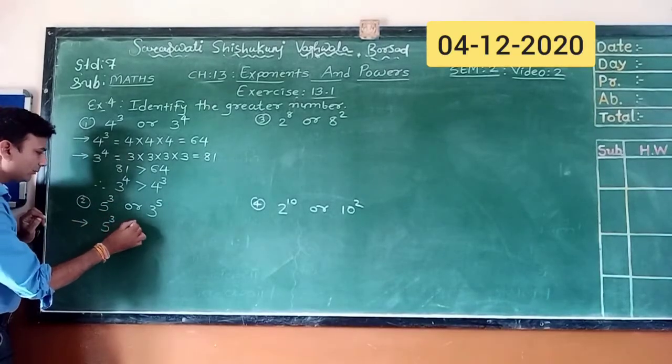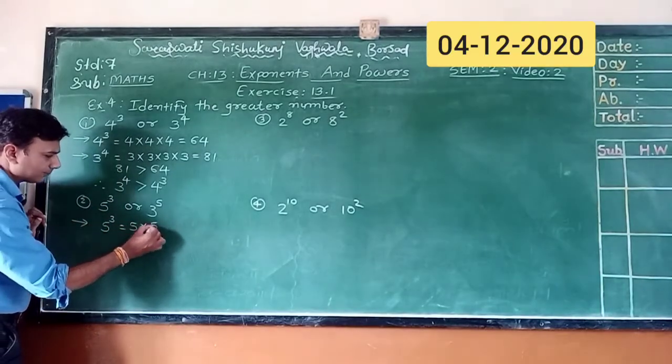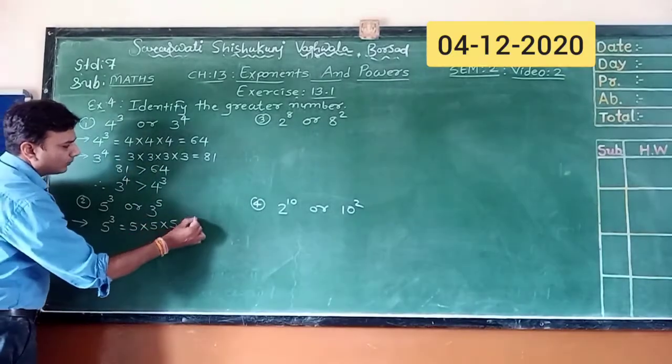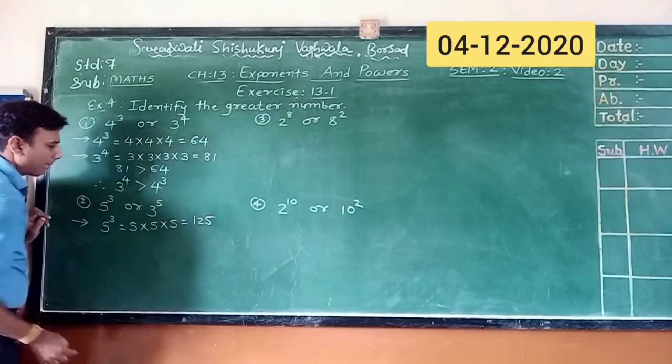Now the second pair: first we write 5 cube. 5 cube means we write 5 three times. 5 times 5 is 25, times 5 is 125.